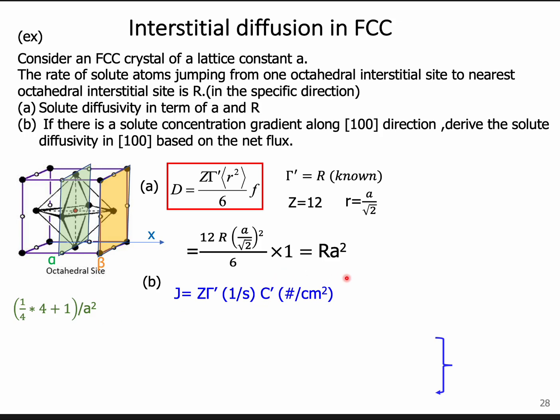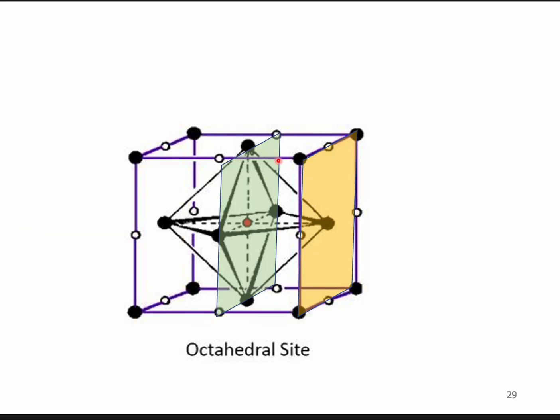So we got the C-prime. Okay, and next we are going to determine how many possible jump directions the solute atom located at this interstitial site has. So I'm going to use this enlarged figure to explain these possible directions.